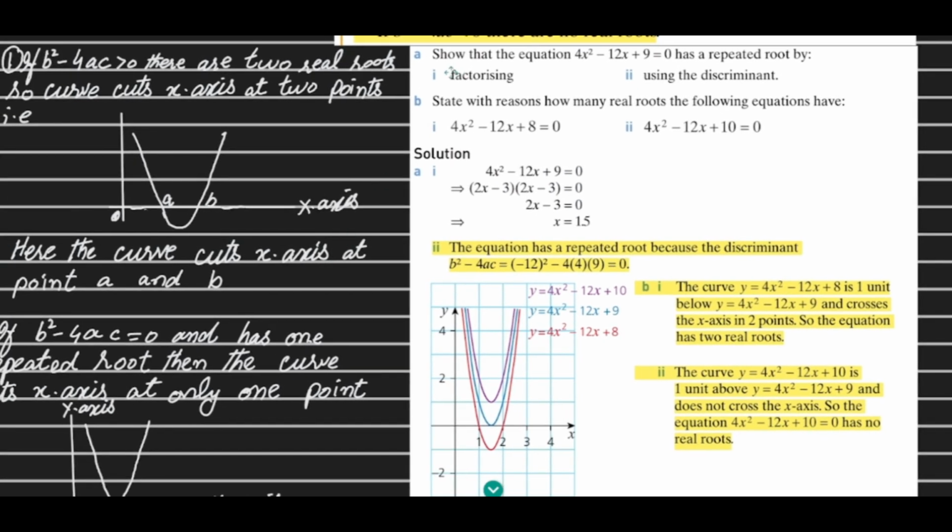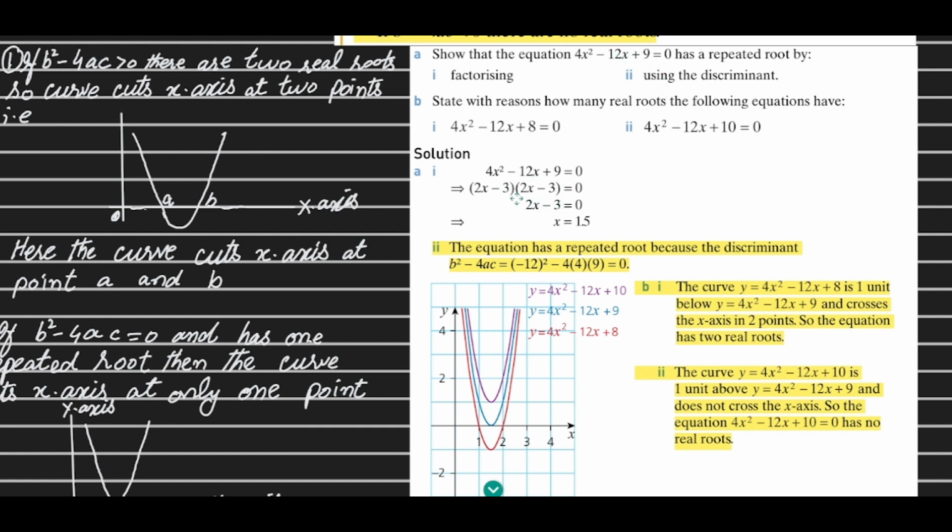The first one: show that the equation 4x square minus 12x plus 9 equals 0 has a repeated root, number one by factorizing, and second using the discriminant. Now we see the given equation 4x square minus 12x plus 9 equals 0.